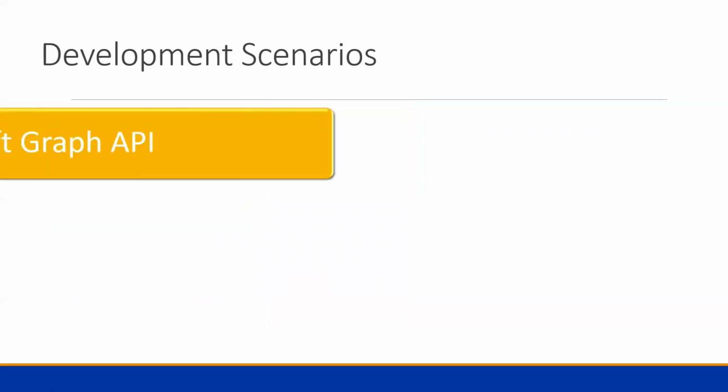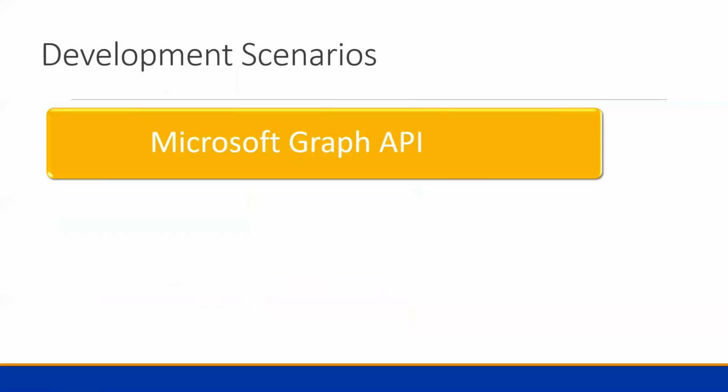Now let's talk about the development scenarios. Consider you're writing an application that leverages Microsoft 365 data. As we all know, there is one endpoint which rules all, that is Microsoft Graph API, to interact with Microsoft 365 data.